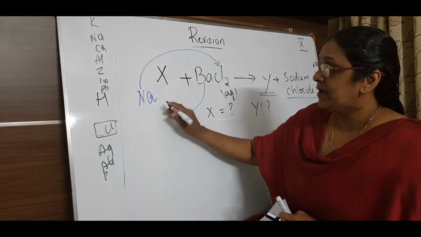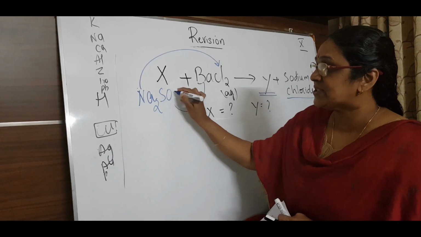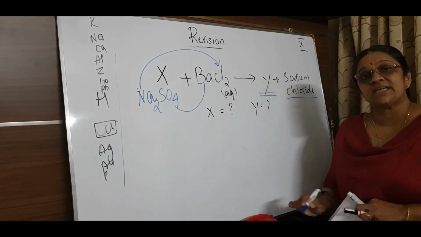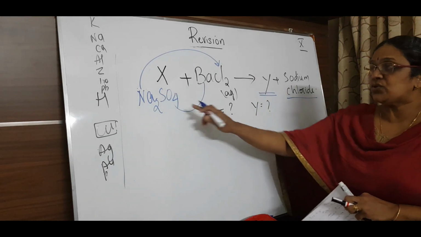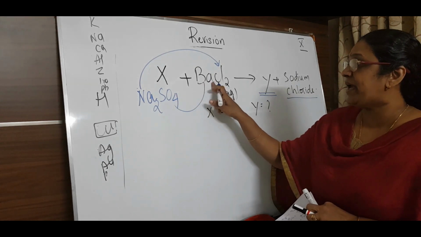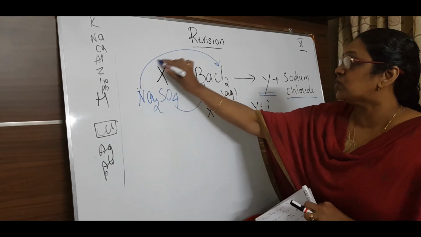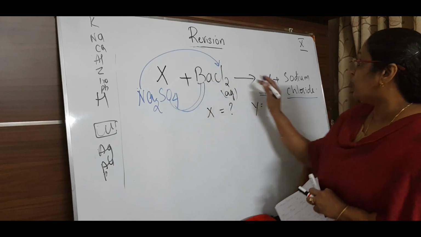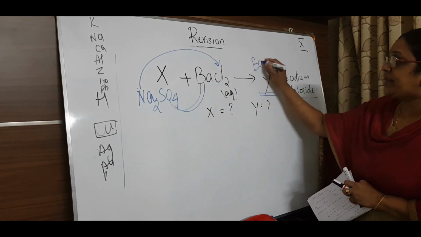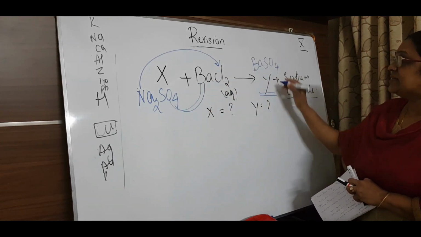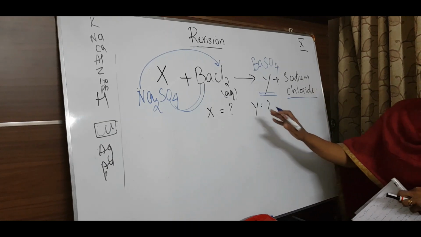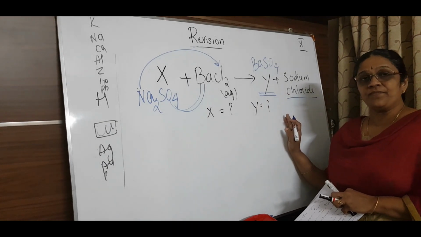You have studied Na2SO4, that is sodium sulfate. When sodium sulfate reacts with barium chloride, you get sodium chloride and Y, which is barium sulfate. This is how you find X and Y.